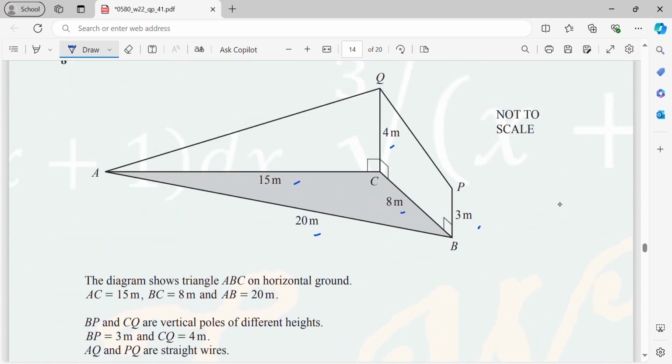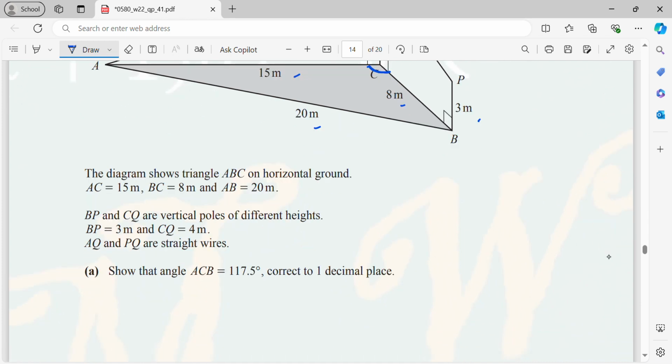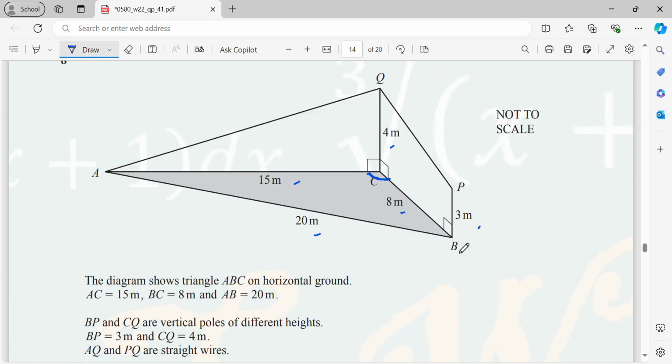ACB is here. So we can refer to the triangle ABC and apply the cosine rule, because you are given 3 sides. So here I will just write cosine rule. We need to calculate ACB.